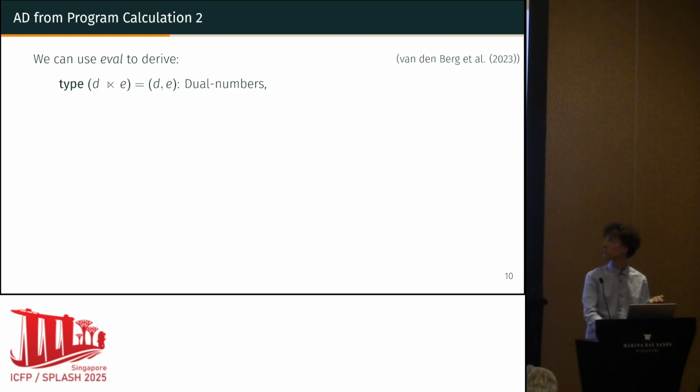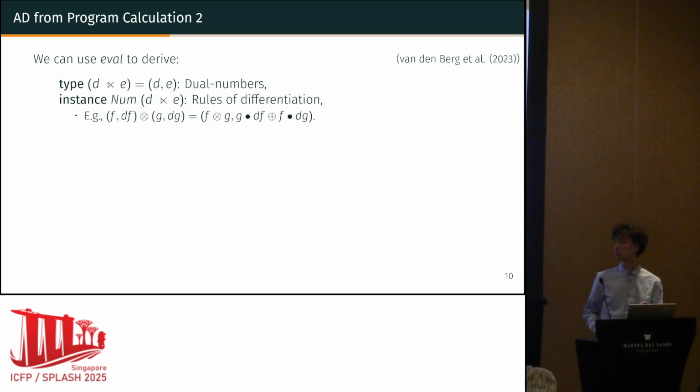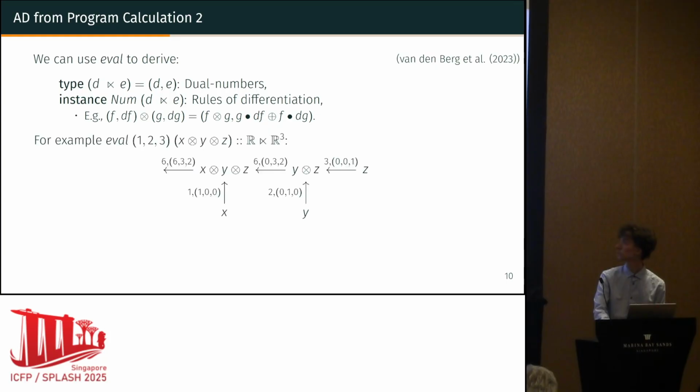And we can treat them as numbers by reading the rules of differentiation as their operations. And because now dual numbers are numbers, I can also evaluate into dual numbers. And if we do this, you'll see that we recursively combine the derivatives of the subexpressions to get the derivative.